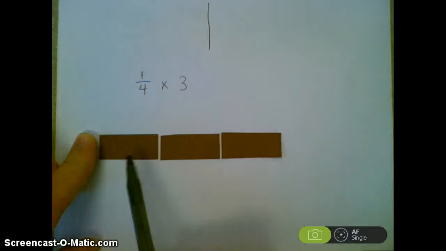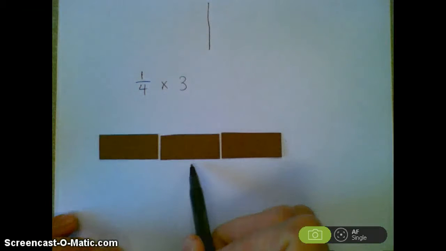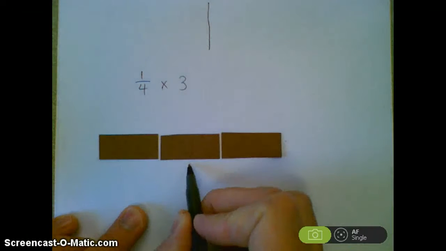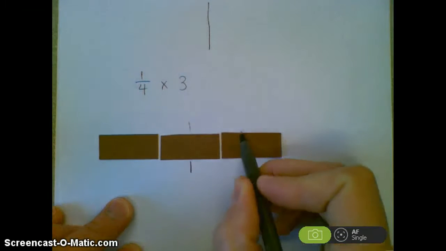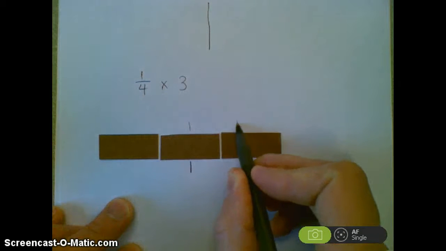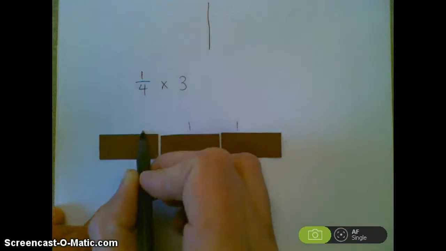What is 1/4 of that total length? 3. So what I can do is try to divide this into 4 equal parts. So what I would do is I'd first divide it in half. There's 2 equal parts. Divide those parts in half. And that'd be right about there.